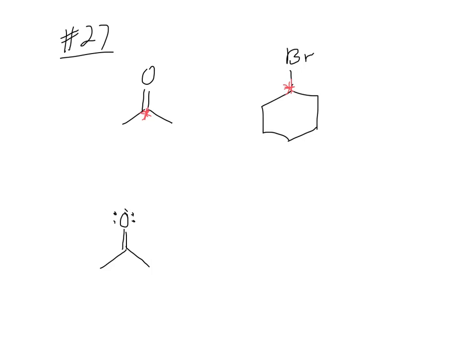What part of the oxygen? Lone pairs. The lone pairs here are nucleophilic, whereas this carbon is electrophilic. So within one molecule, you can have a part that's nucleophilic and a part that's electrophilic. It wouldn't be the oxygen that's nucleophilic, it would be the lone pairs on the oxygen.